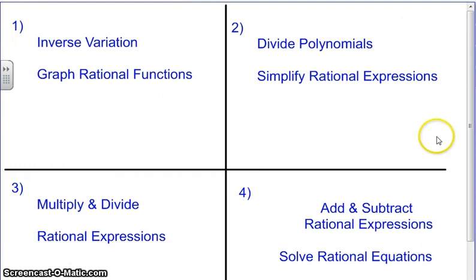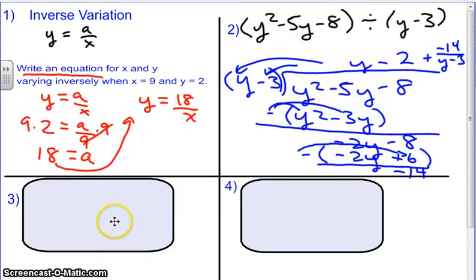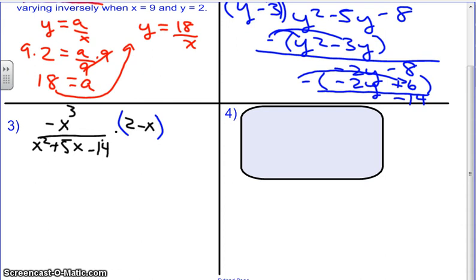Okay, on to the third section, where we're multiplying and dividing rational expressions. Multiply. What's the denominator of the binomial 2 minus x? It's over 1, right?